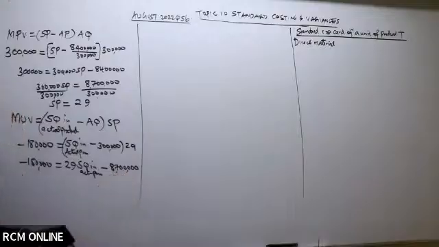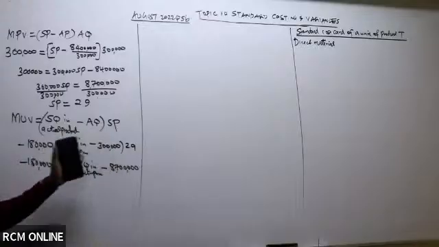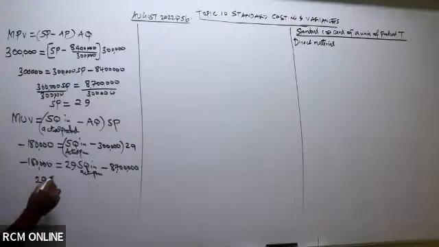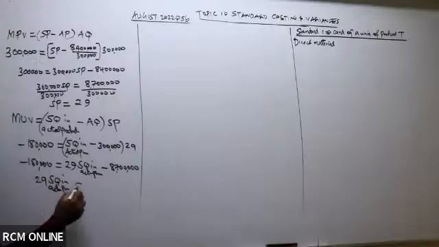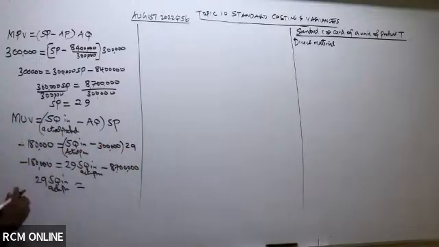Good. Now we want to collect the like terms. Of course, this one will cross the equal sign. If it crosses the equal sign, it will be a plus, right?